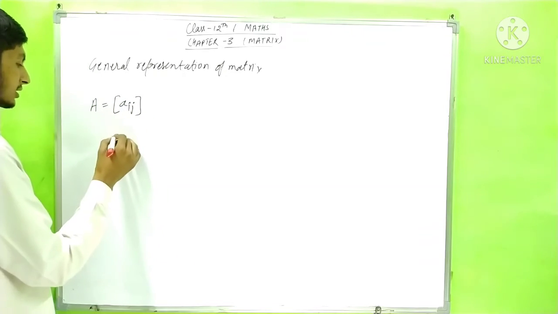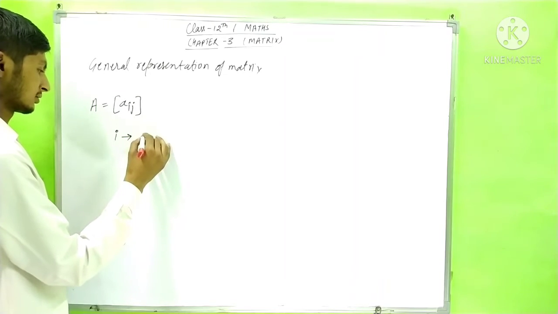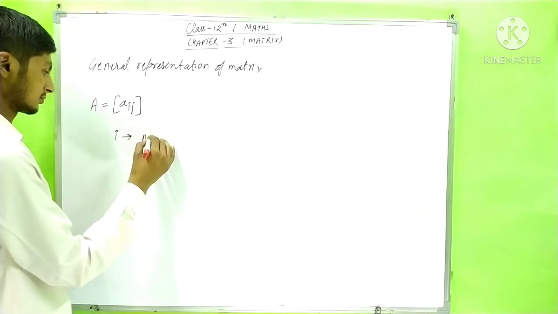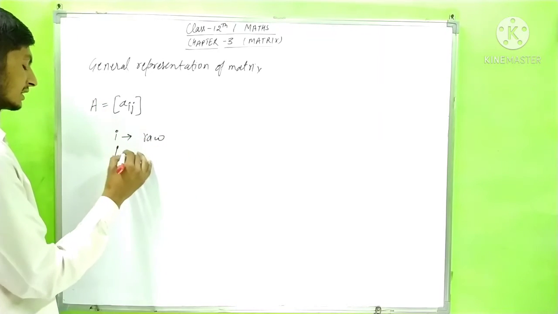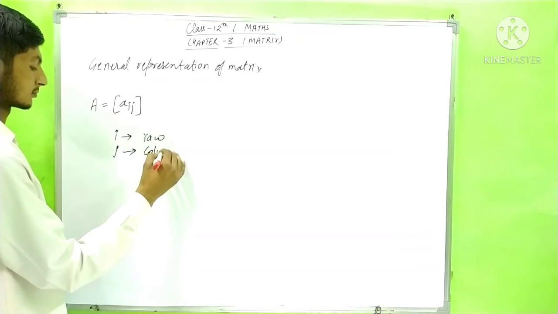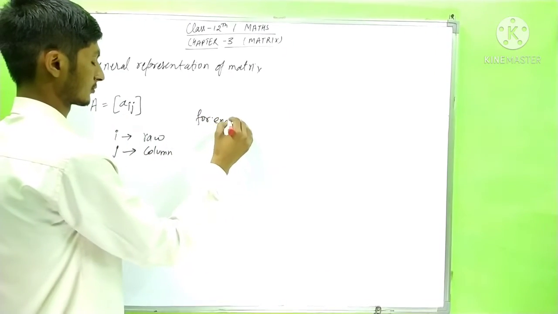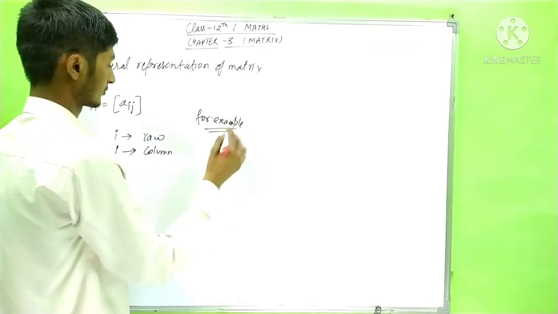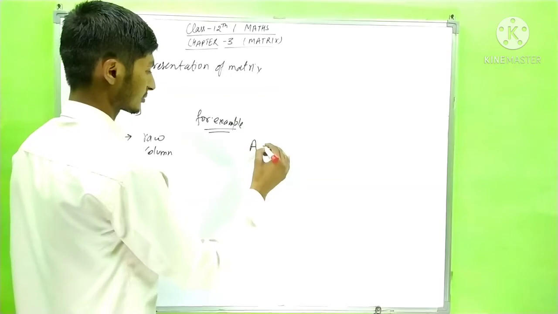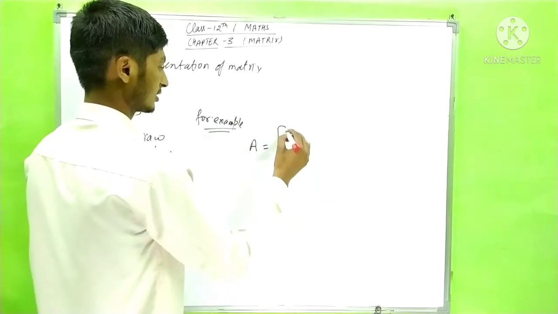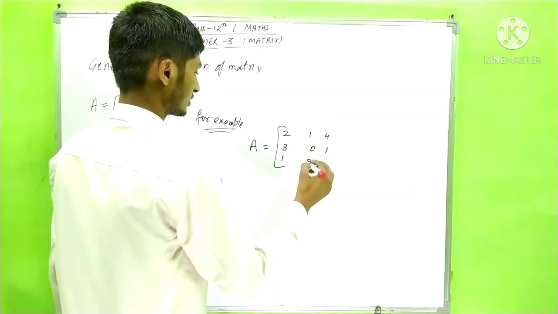Where I represents the row and J represents the column. For example, let's suppose A is a matrix 2 1 4 3 0 1 1 2 0.